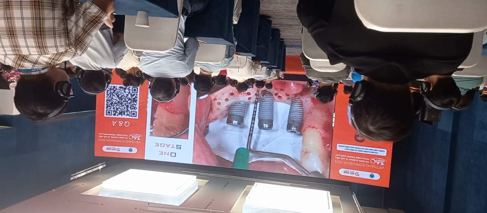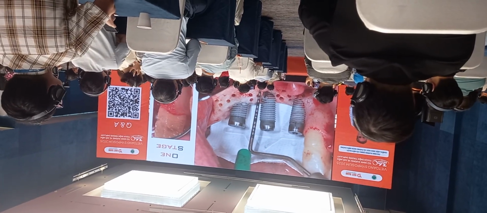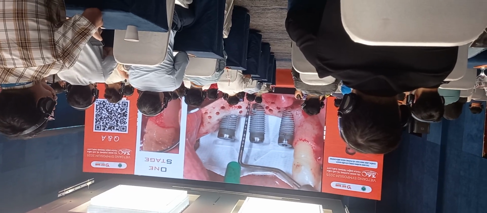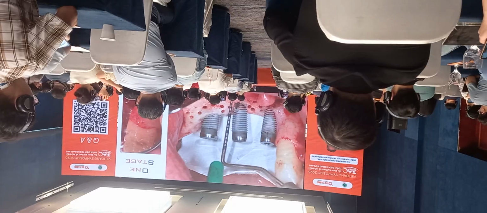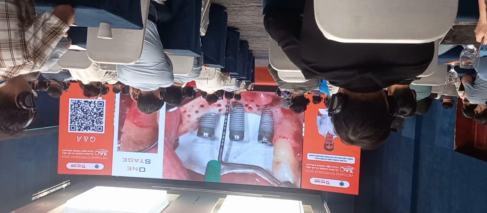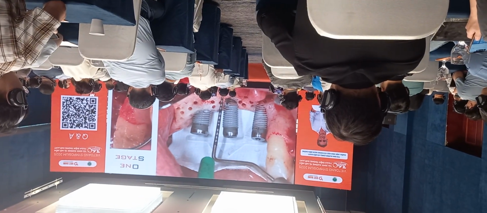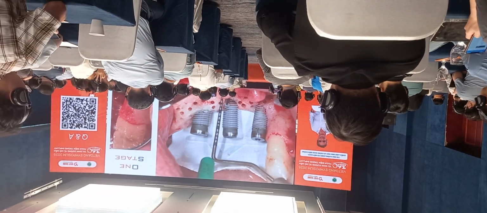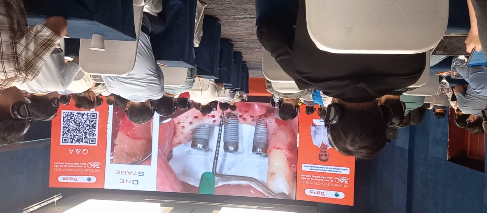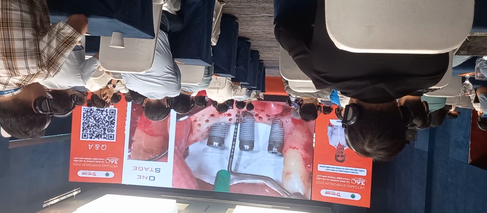The correct timing of using this barrier is with the fixing of the barrier on the lingual and on the palatal side, in order to protect the biomaterial during the grafting around the implants from the contamination of the saliva or the touching from the tongue.